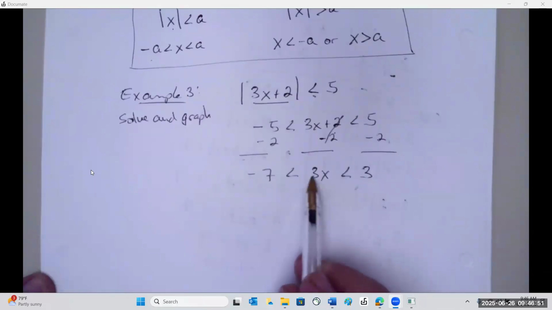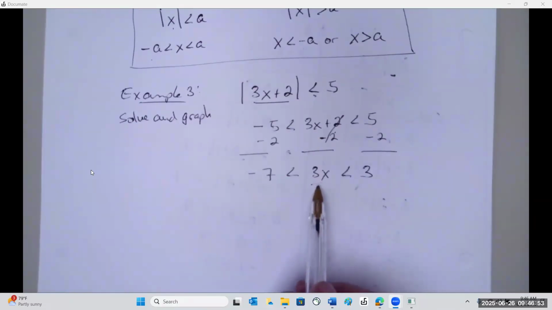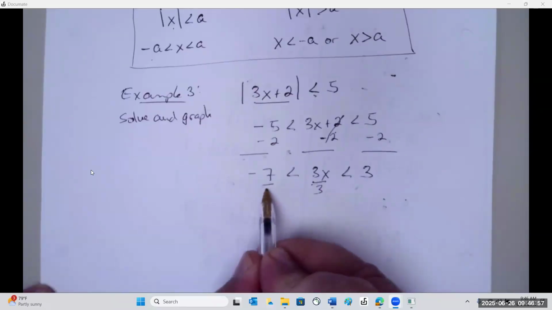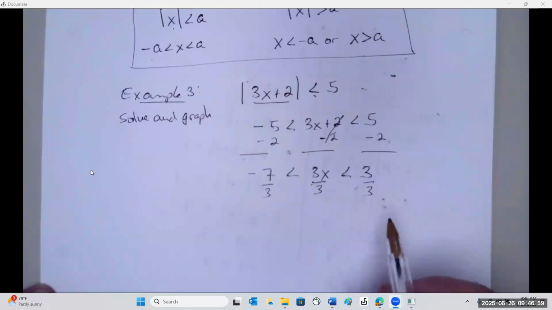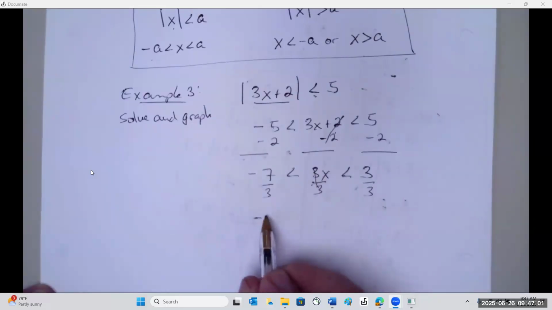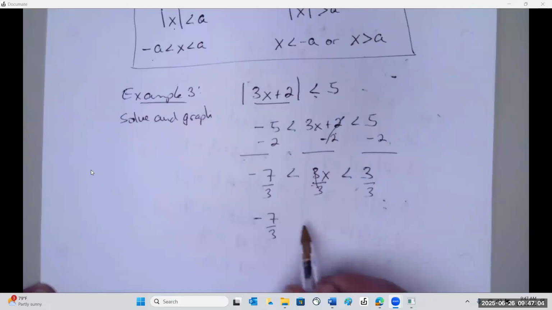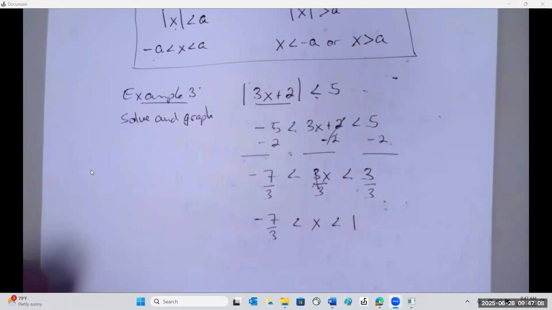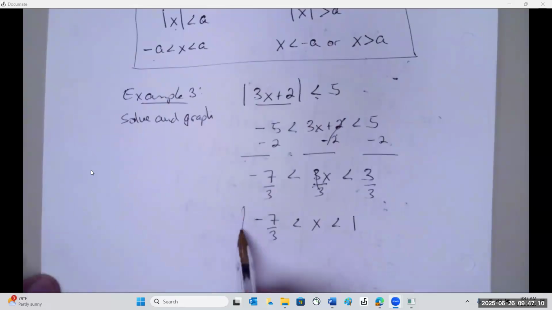Remember, only look at the part that has an x. We're trying to get x by itself. So divide everything by 3. So we have negative 7 over 3 is less than x is less than 1. There's the answer.